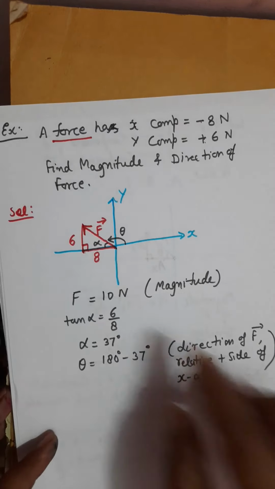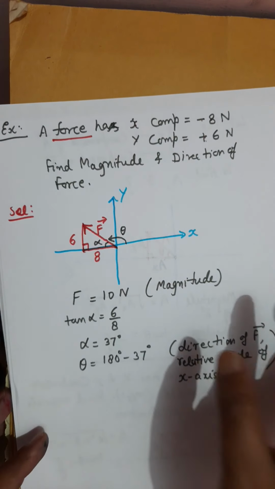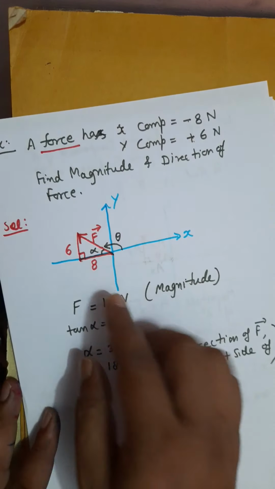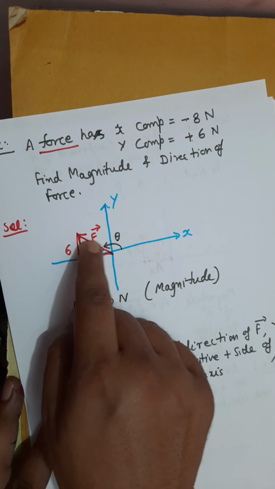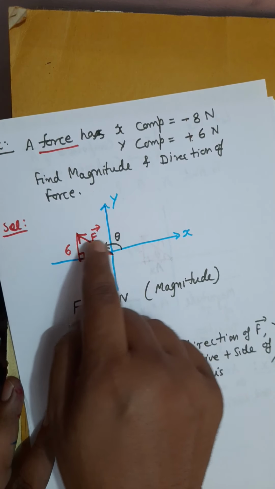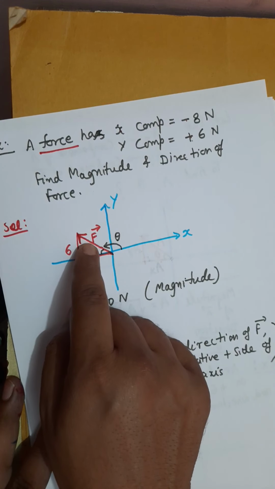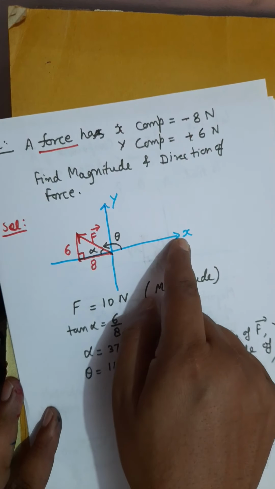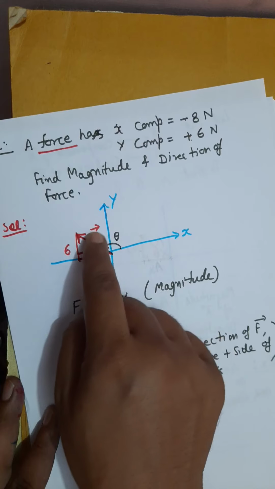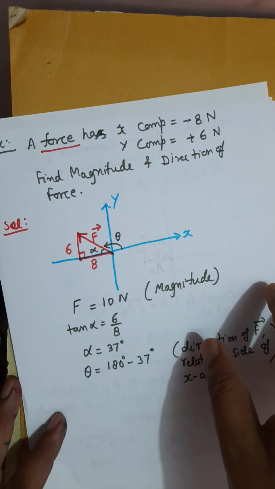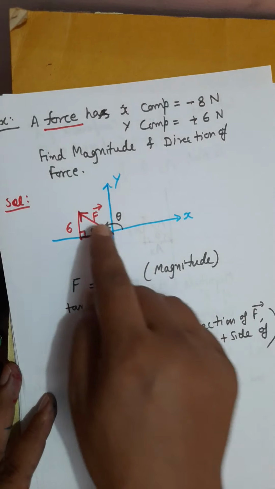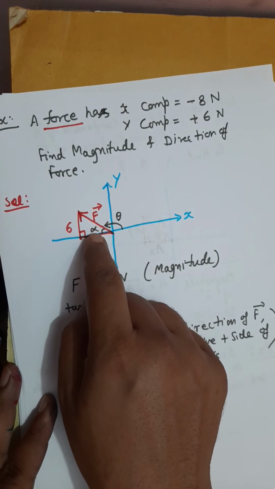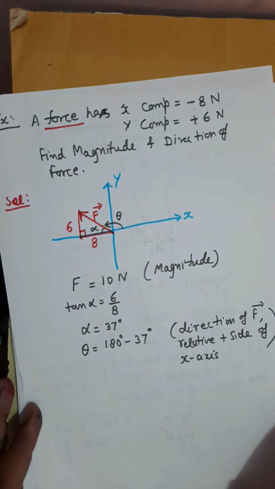We could have used this angle alpha for the direction, but as a convention, the direction of a vector is always written in terms of the angle which that vector forms with the positive side of the x-axis in the anti-clockwise direction. That is just a convention, but that is not a rule or law. You can tell the direction of your vector in terms of alpha or in terms of theta, and both are absolutely correct.